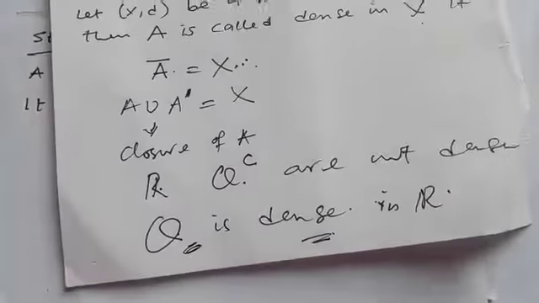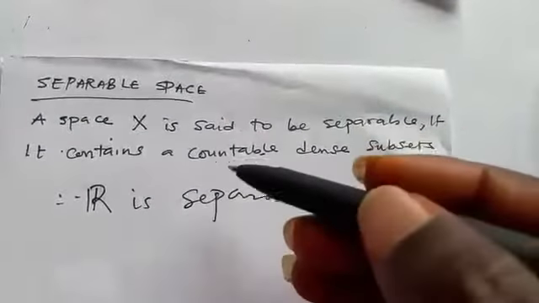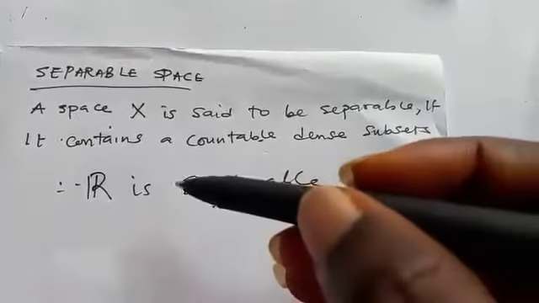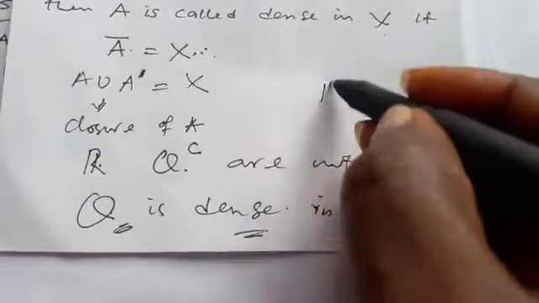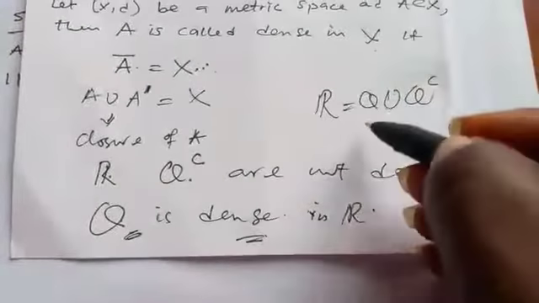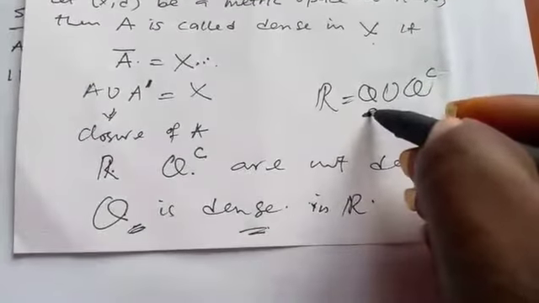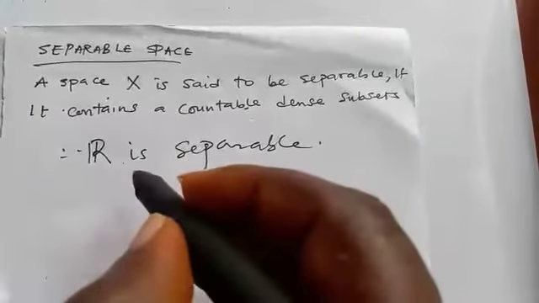Because it contains the rational numbers, which are countable and dense. Remember, the real numbers are the union of rational and irrational numbers. So in that case, our real number is separable.